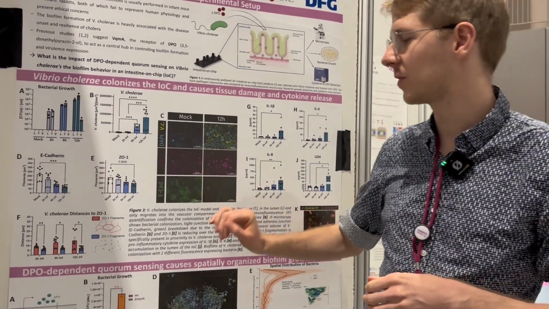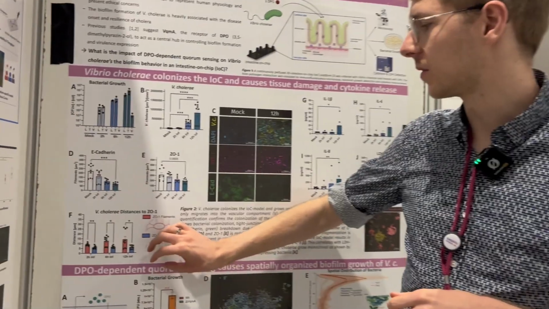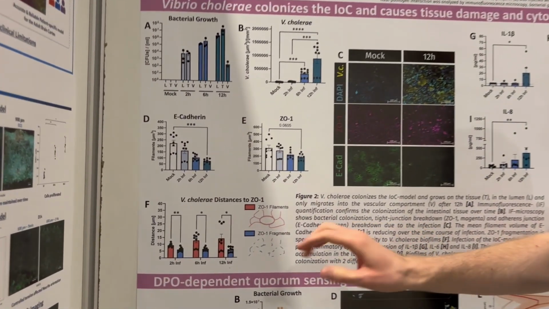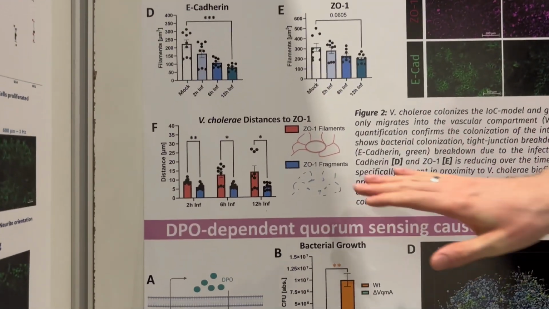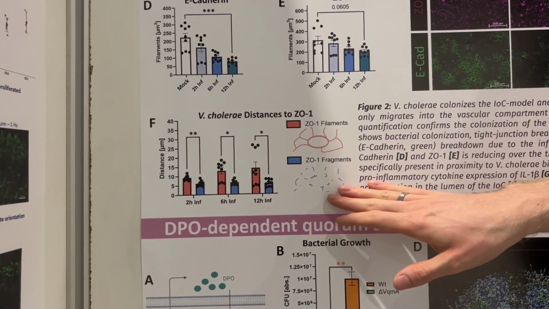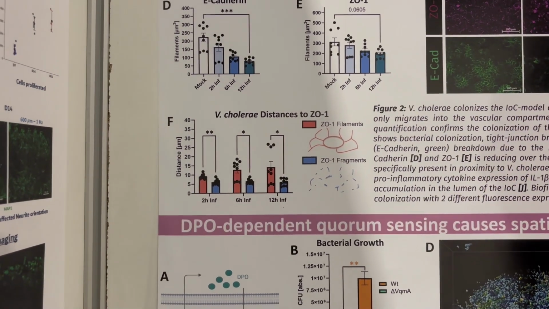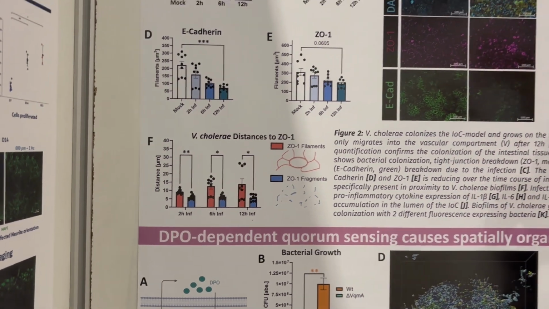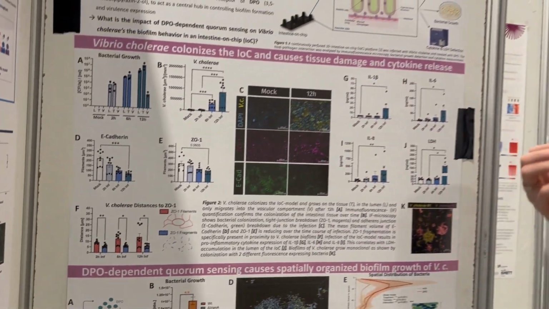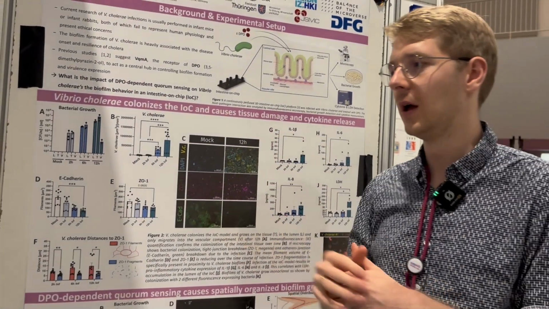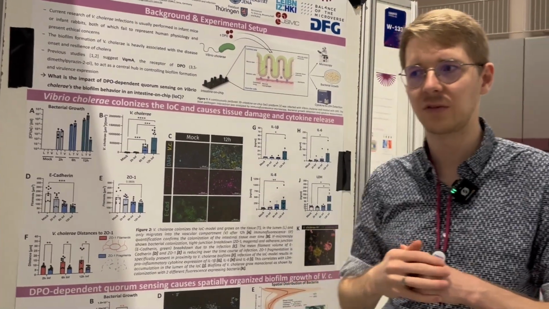And what was very interesting to see was that this damage that we found, specifically in the tight junction where we define the ZO-1 fragments compared to the ZO-1 filaments, which are more the healthy part, that these fragments are much closer linked to where the biofilm is sitting compared to the healthy ZO-1.